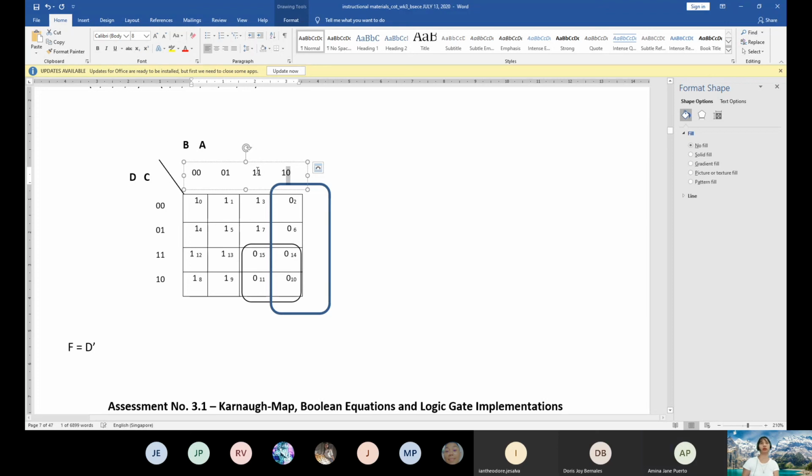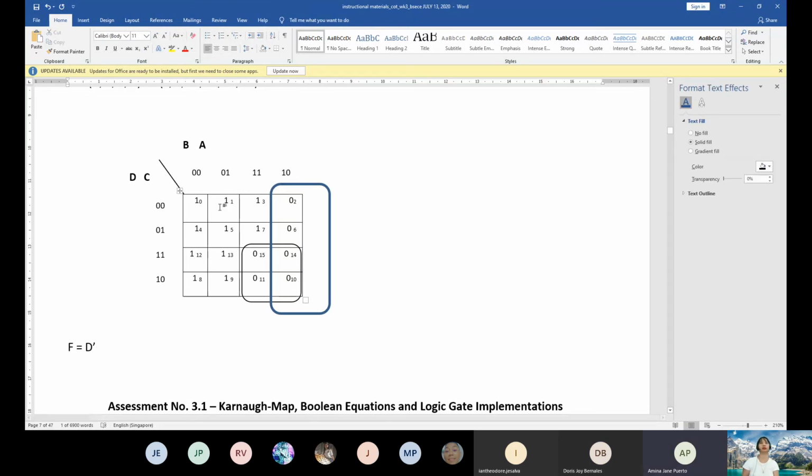What will happen to A? A is eliminated, whereas for B it is 1, 1, so B prime. Plus B prime. So that will be our first term.